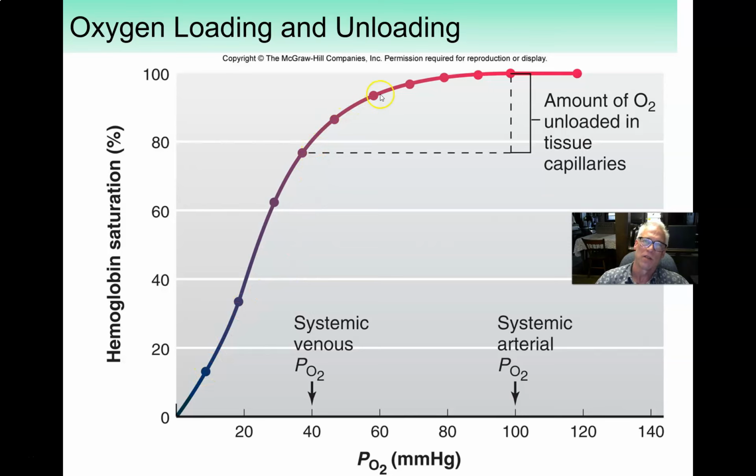Another thing to learn about this hemoglobin saturation curve is that as oxygen binds to hemoglobin, first one, then another, the affinity for the oxygen starts to rise. And we pack that hemoglobin up with oxygen. It really sticks on there. Then we carry that oxygen over to the tissues, and once one oxygen pops off the hemoglobin, the affinity for the other one starts to drop, and then another one comes off, the affinity drops even more.